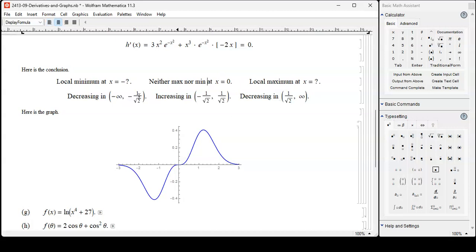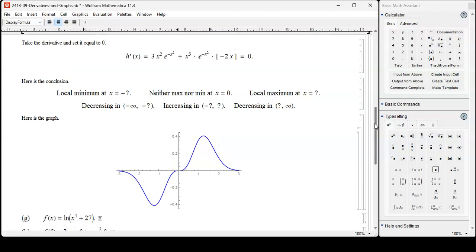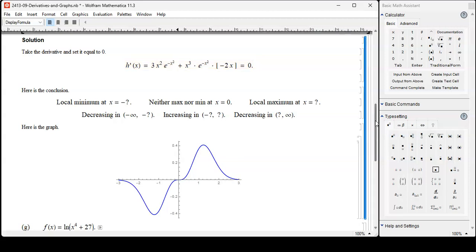So decreasing from negative infinity to something, increasing from that to this, and decreasing again from somewhere to infinity. And your job is to find that question mark. And that comes from here. Well, I'll leave you there.